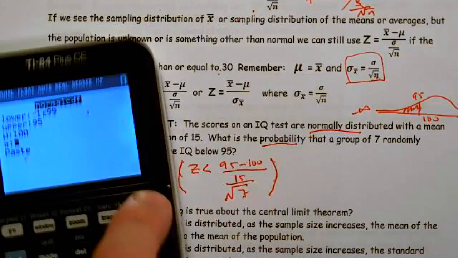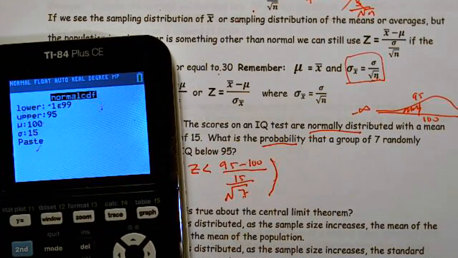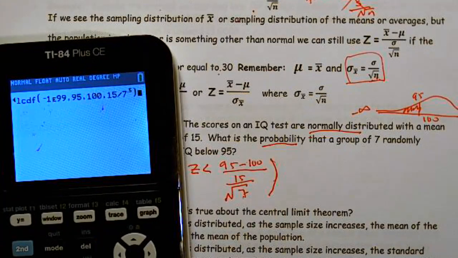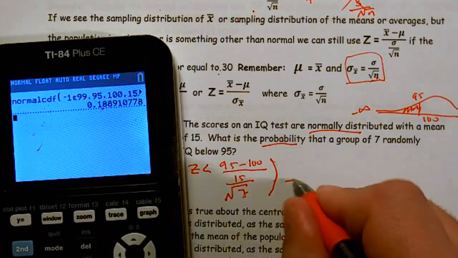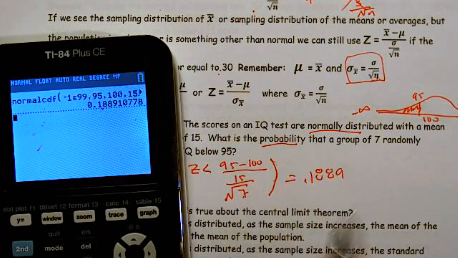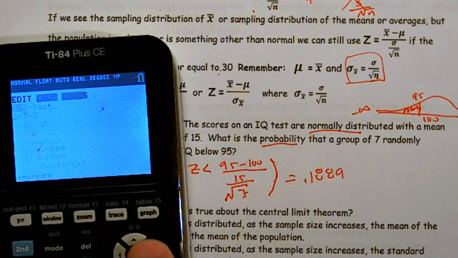Our standard deviation is 15 divided by the square root of 7, and I just raise it to the half power like that. And we end up getting 0.1889.